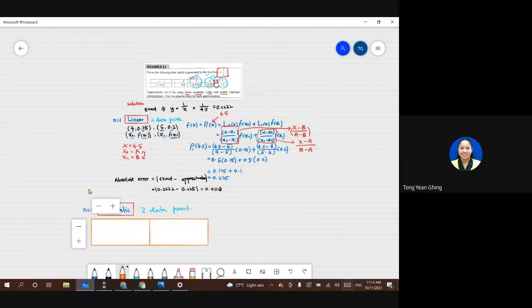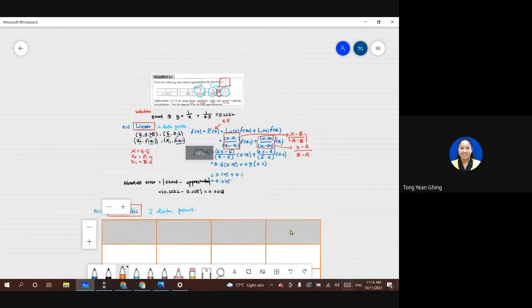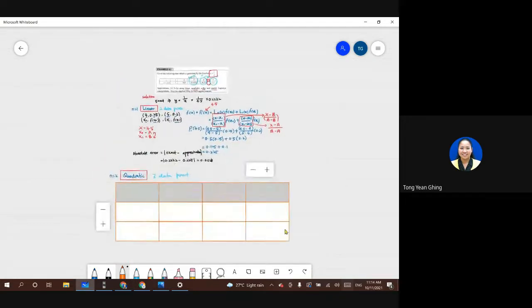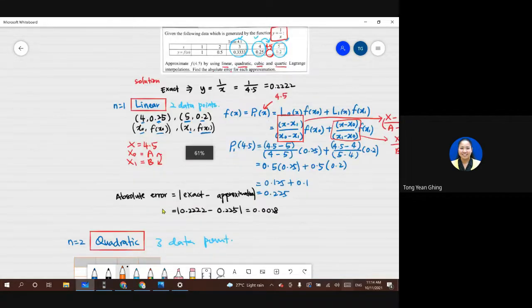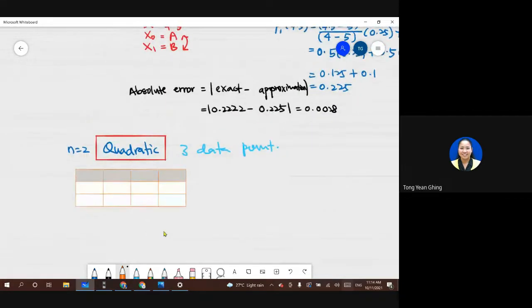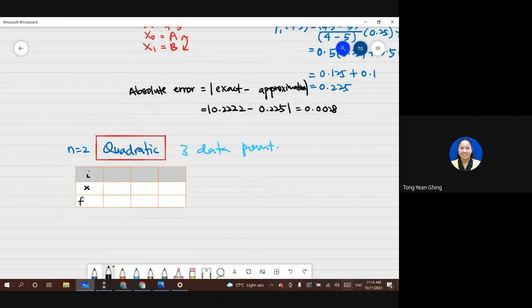It becomes auto like this. Just now, let's say I, x, and then this one is f(x).